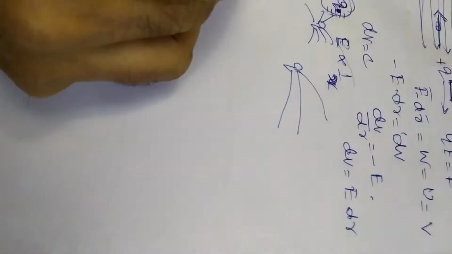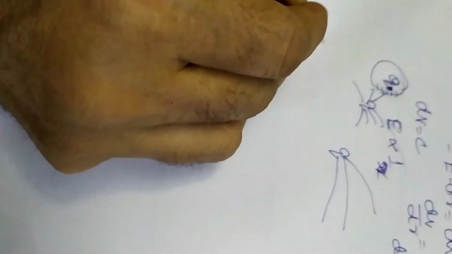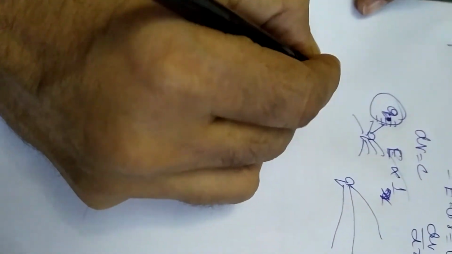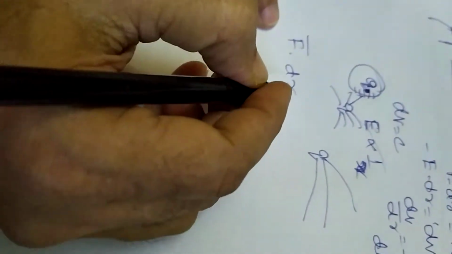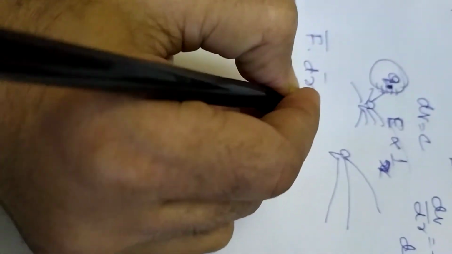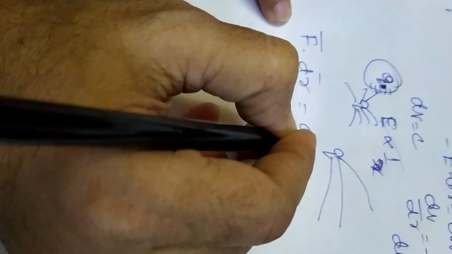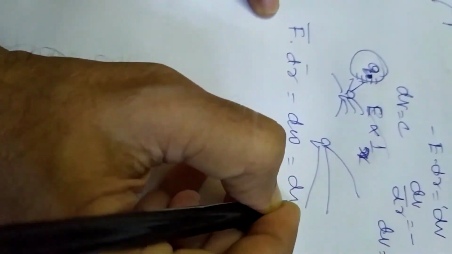Now we can deduce these things in some other way also. Suppose we take F, the force we are applying on a charge, and dr, the distance. So F dot dr is equal to dW, or else we can write dV. Clear?